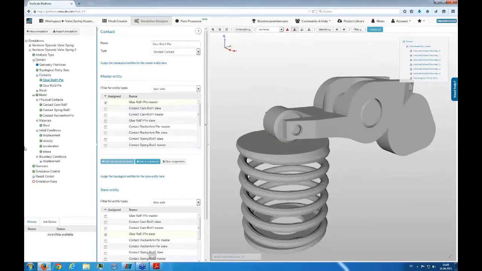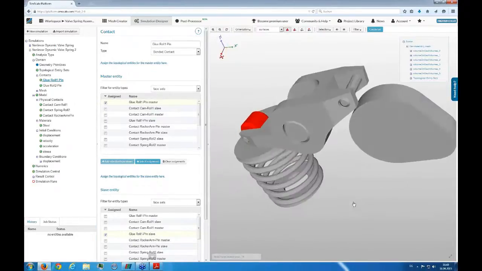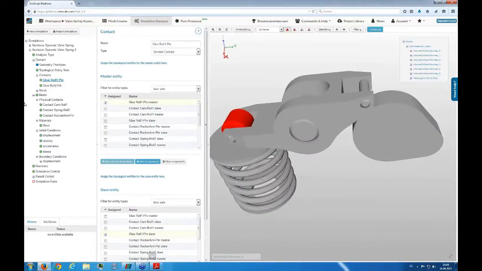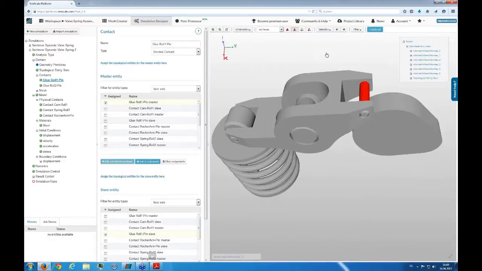So what we do here, if we first hide the roll, I think this is roll 2, yeah. We select the assignment, and we see, okay, as master entity, this is the pin outer surface.